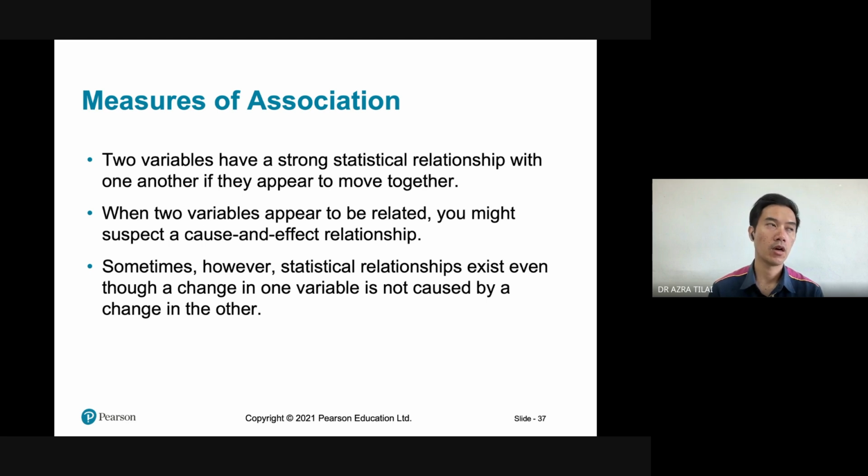Should you shoot at another time, maybe in the evening or morning or at night? So there are a lot of variables that you can associate with the result. That is what it means by using statistical relationship to change the variable, the end result.